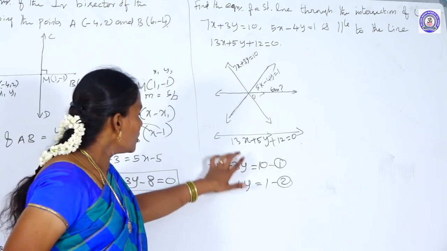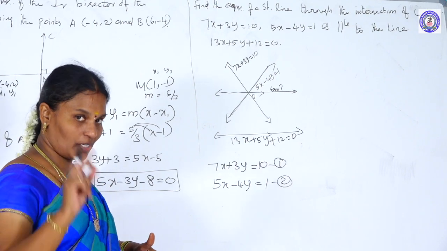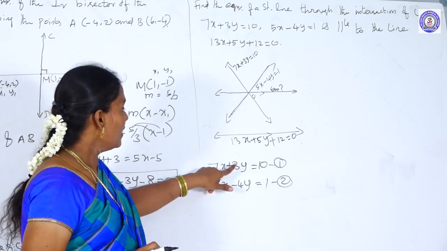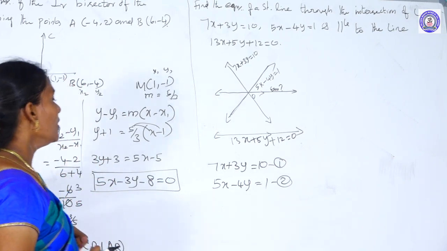So you change them into the same coefficient. How do you convert into the same coefficient? You have to take the LCM. What is the LCM of 3 and 4? 12 is the LCM of 3 and 4.